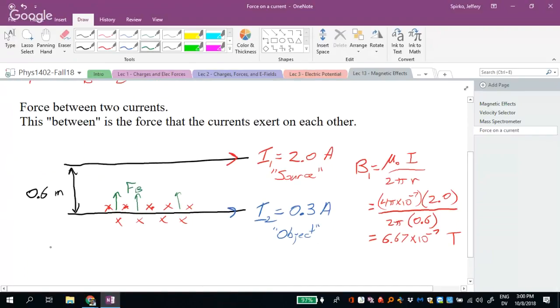And then the strength is F sub B is equal to ILB, which is 0.3 amps times L times 6.67 times 10 to the minus 7th Teslas.